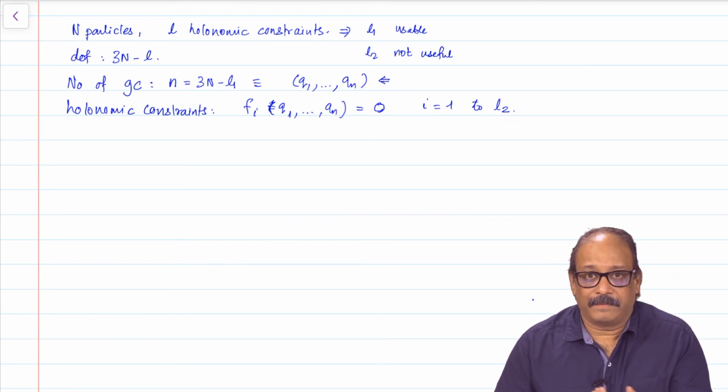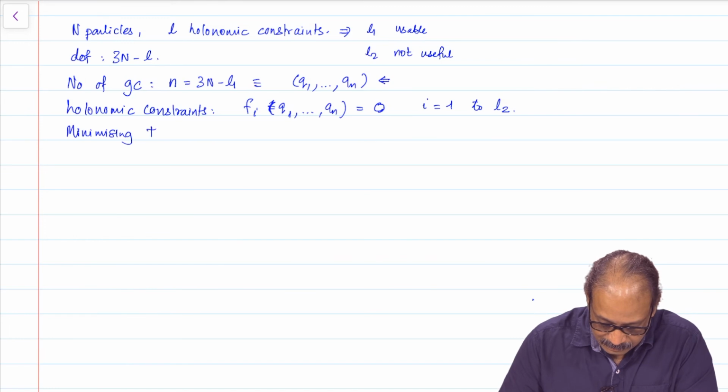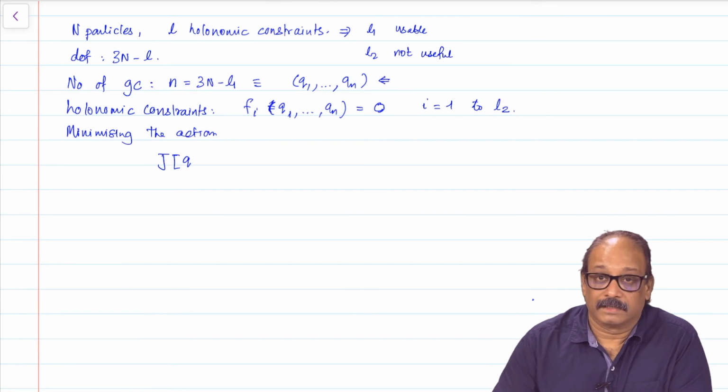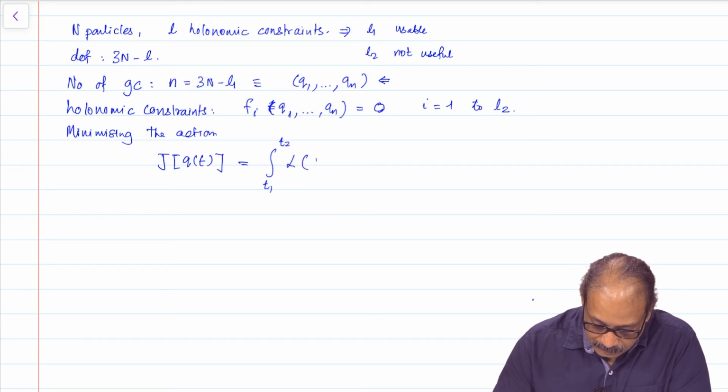Now, let us get back to our action principle. The problem reduces to minimizing the action J, which is a function of the q variables, the n variables here, which is the integral from T1 to T2 of the Lagrangian, a function of q, q dot, and t, dt.